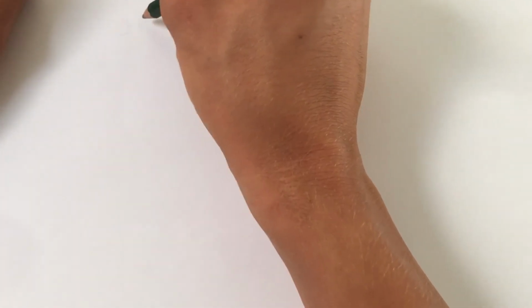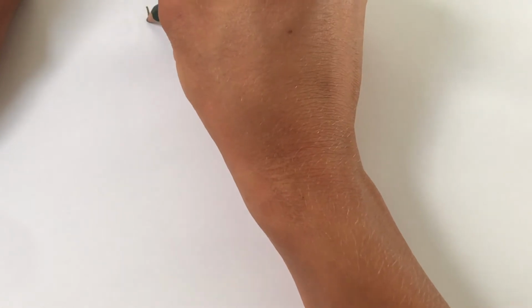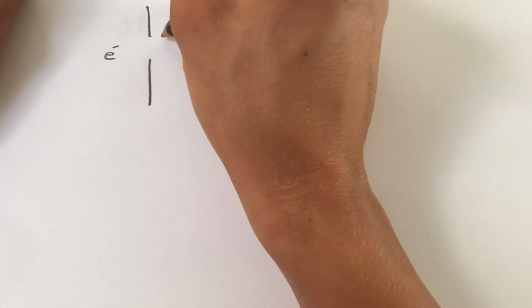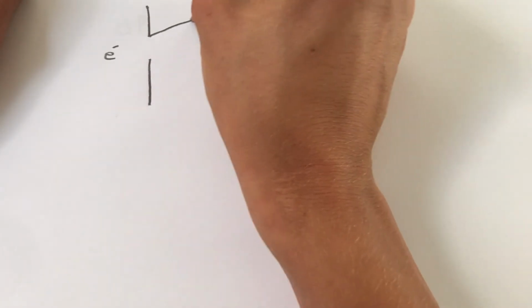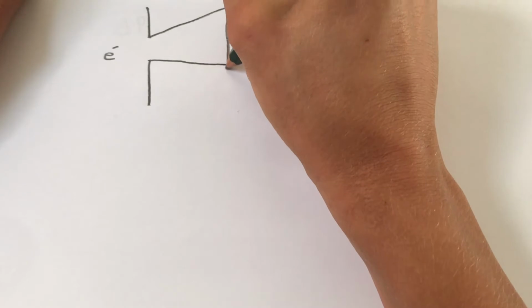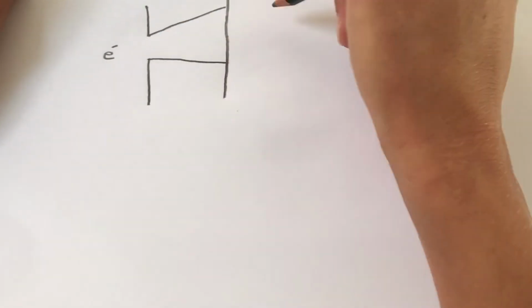So let's do this single slit experiment again. So here's the first wall, the second wall. In between here we have the slit, and we shoot an electron through. So this electron will scatter, as I said before, to a detection screen right here that feels where the electron is.